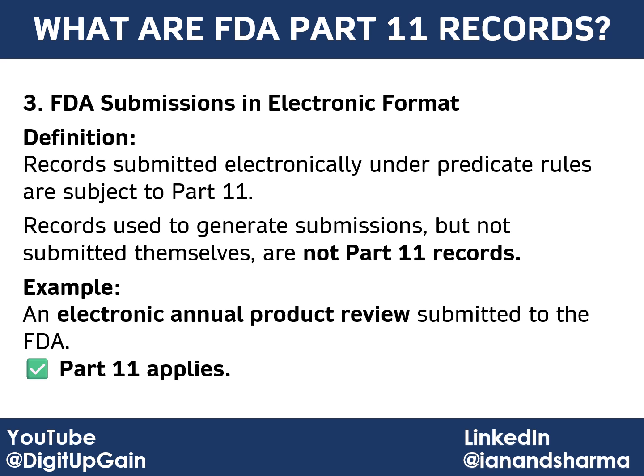That is, they help to create a submission but are not required by a rule or are not stored electronically. Hence, they do not fall under Part 11. For example, Part 11 applies to an electronic annual product review submitted to the FDA.